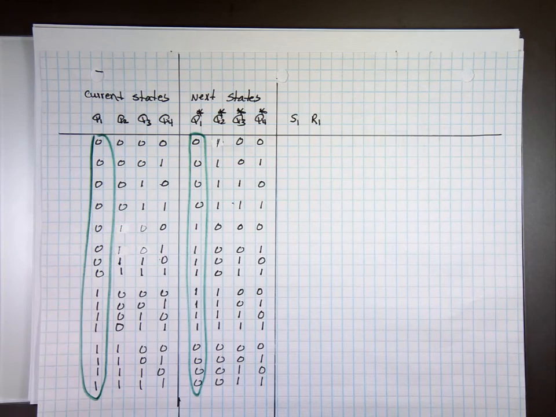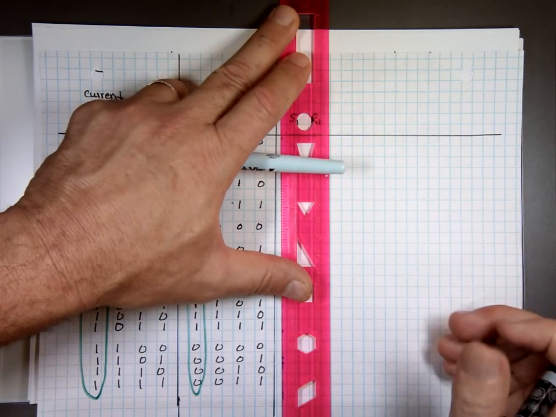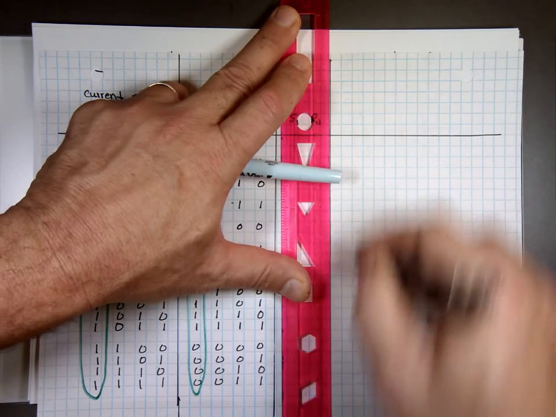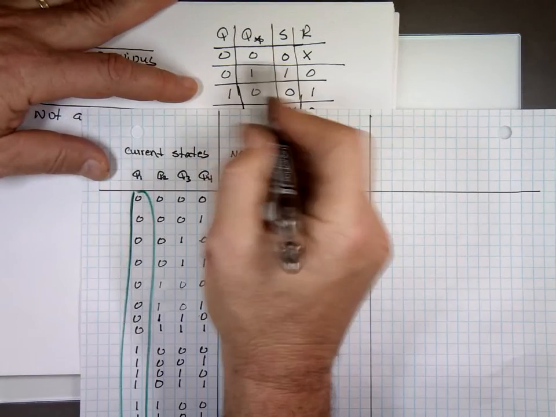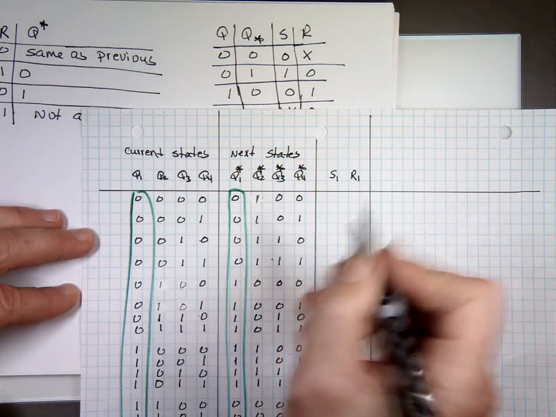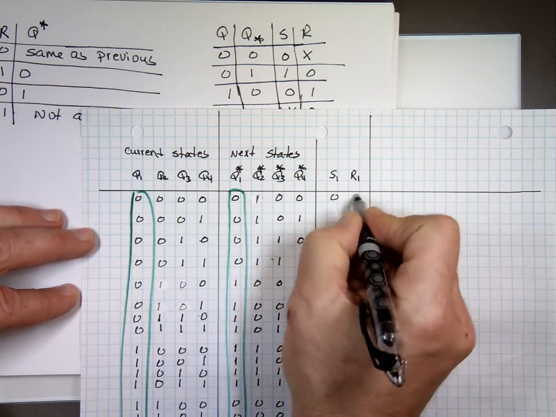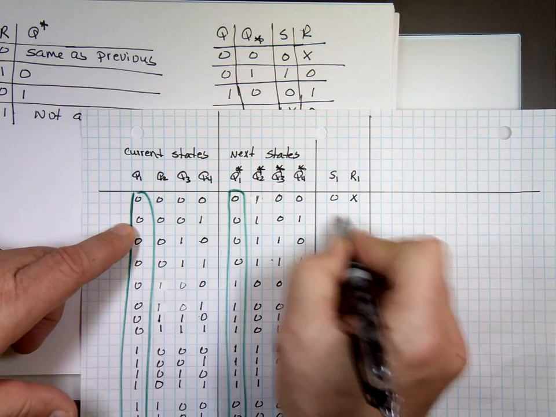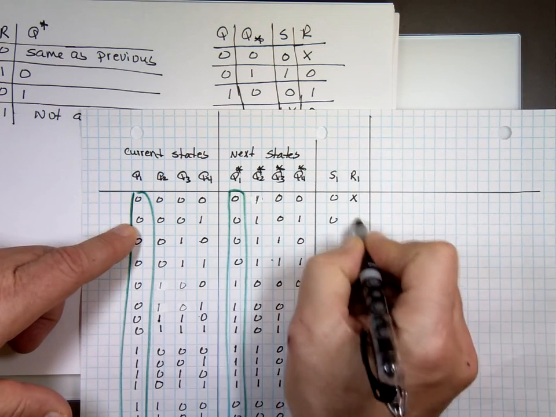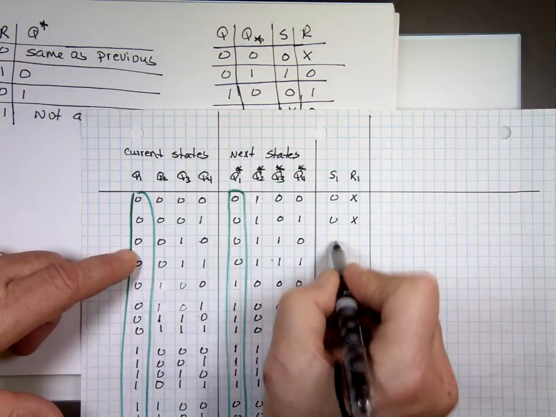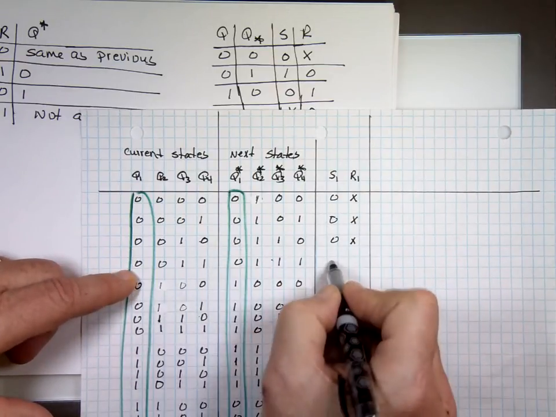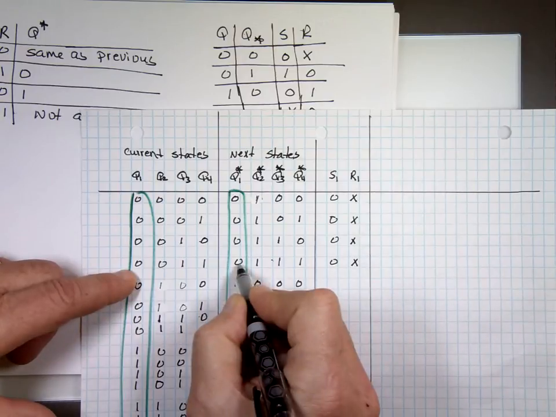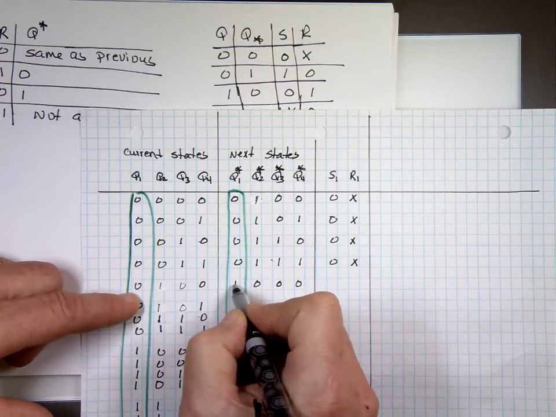Let me put a line to separate them so I know that's the first flip-flop. So let's look at it. 0 to 0. Let me look at that sheet here. 0 to 0. What do you want to do? 0 and don't care. 0 to 0, 0 and don't care. 0 to 0, 0 and don't care. I like this when they're the same. 0 to 0, 0 and don't care. 0 to 1, 1 and 0.